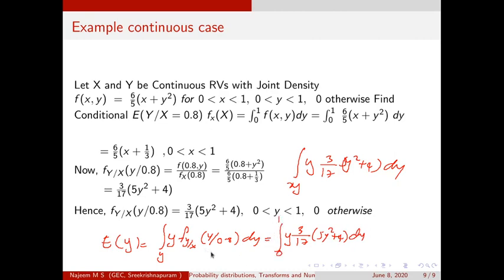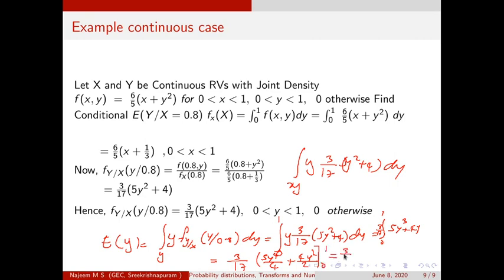That is equal to integral 0 to 1, with 3 by 17 taken outside, of 5 y cube plus 4y, that equals 3 by 17 into 5 y raised to 4 by 4 plus 4 y square by 2, from 0 to 1.